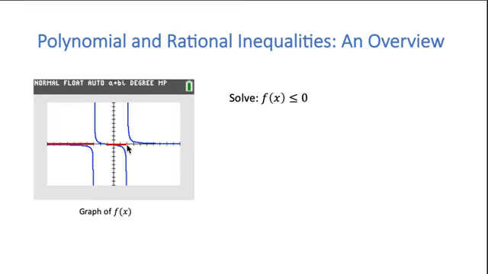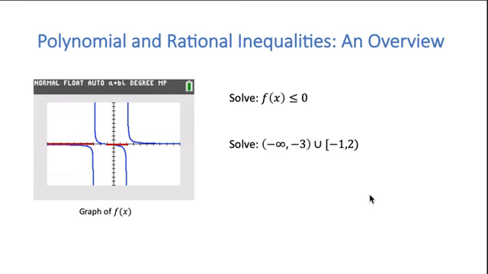I don't know if I said -2 before, but I meant 2. So it's not going to include 2, but it is going to include -1. So this is what it looks like. Notice I have a parenthesis on -3, a bracket on -1, and a parenthesis on 2. Now that's what's happening visually. That's what's happening with the graph.